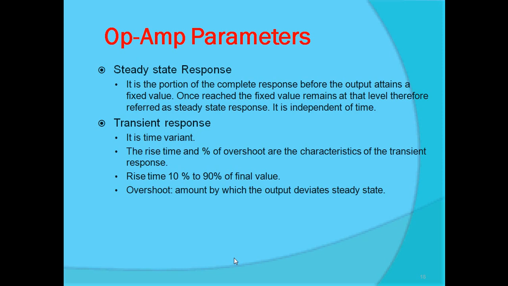Once the output reaches a fixed value and remains at that level, it is referred to as steady state response. And transient response is the portion of the response before it attains the fixed value.